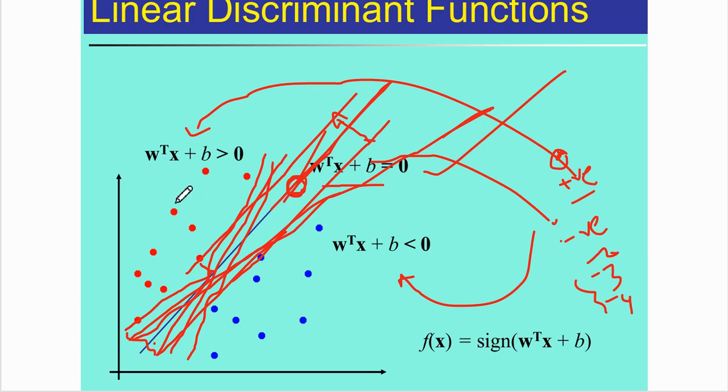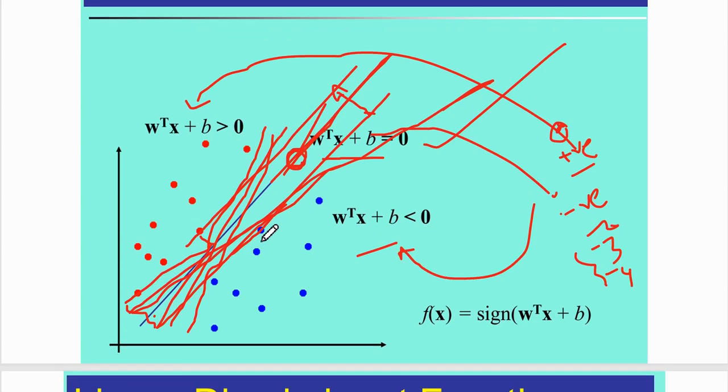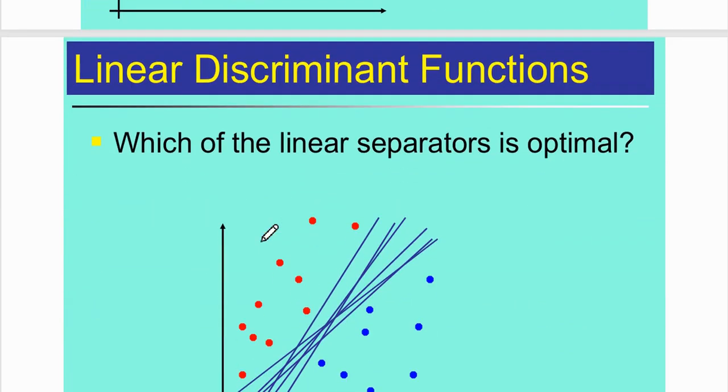If the result is negative, the test point belongs to the negative class. That is about the hyperplane and how to find the class of a given instance.